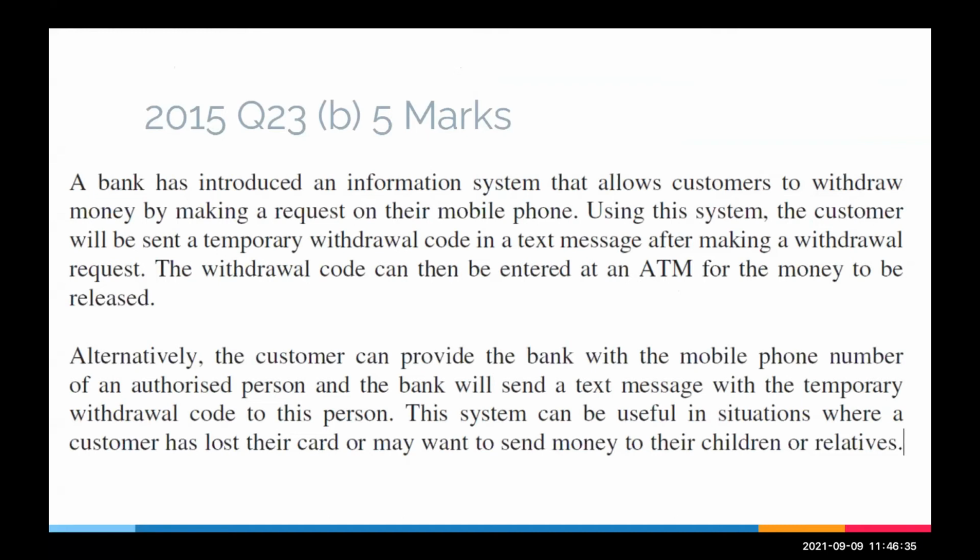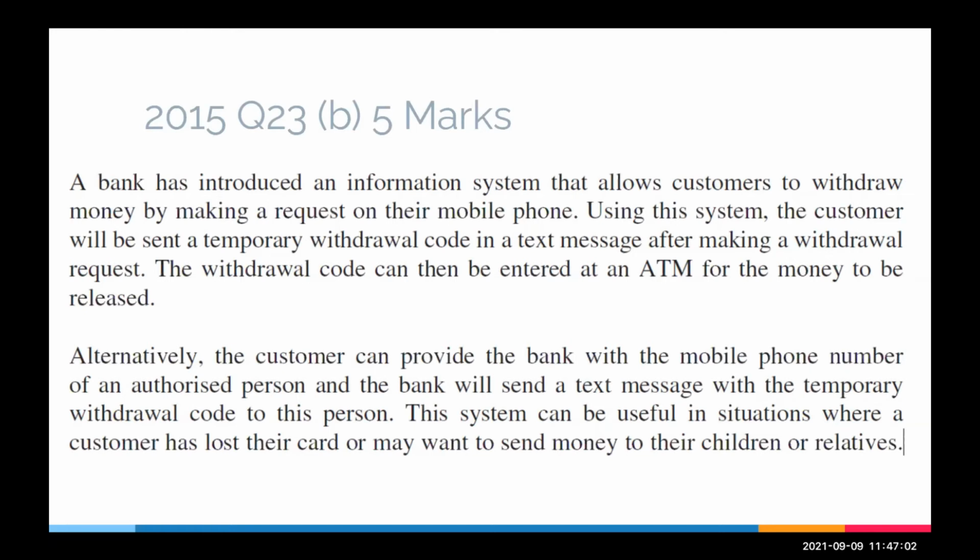So what you can do is withdraw money by making a request on your mobile phone. The customer will be sent a temporary withdrawal code in a text message after making the request. Then that code can be entered on the ATM machine, which is called, I think, cardless withdrawal.